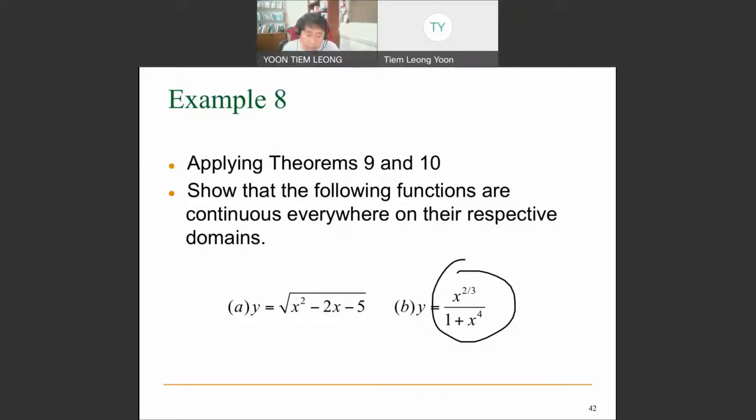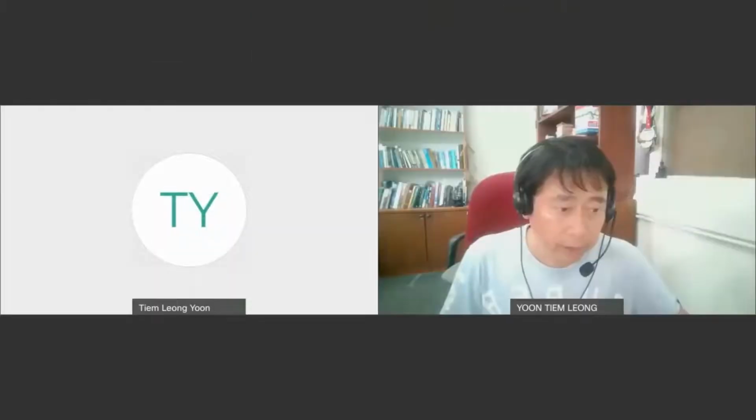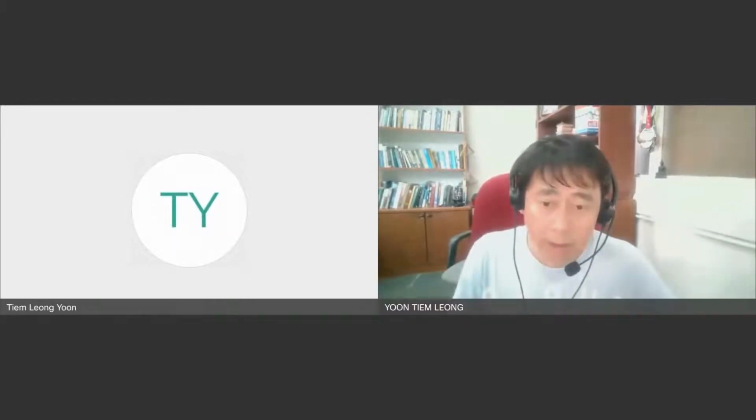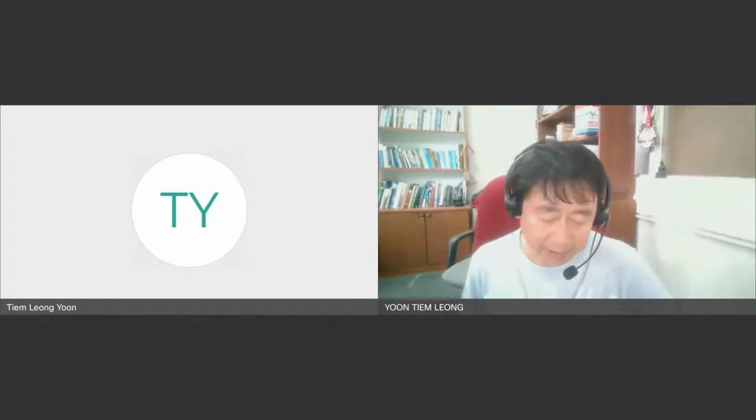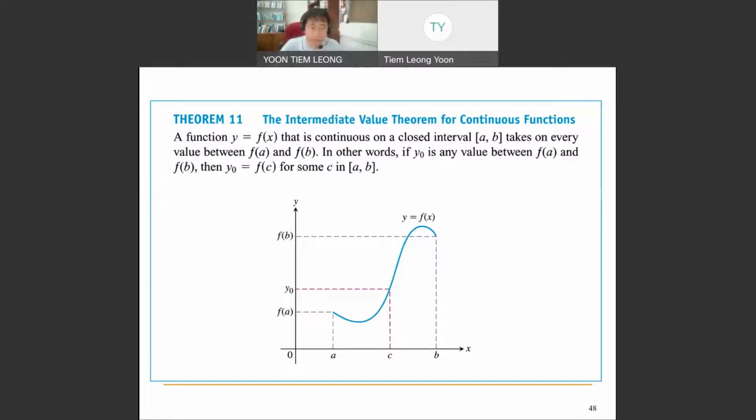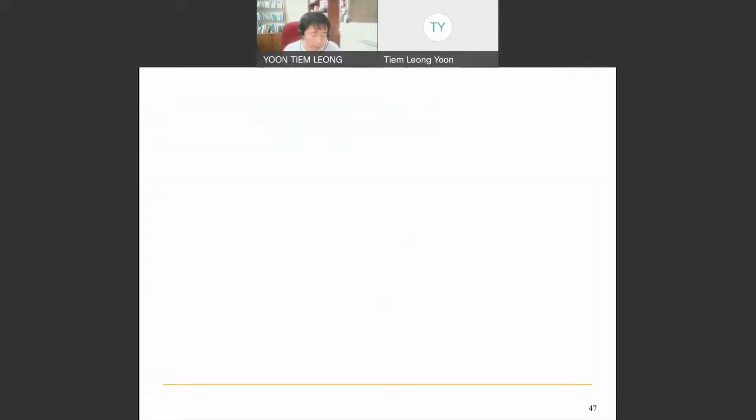So now we are talking about a new theorem, theorem 11, a theorem which is very useful in the context of root finding. Root finding is a very frequently encountered problem in mathematics. You have actually learned this already in your secondary school.